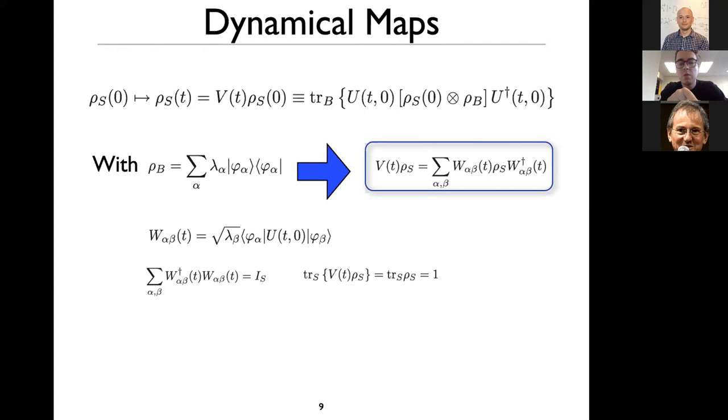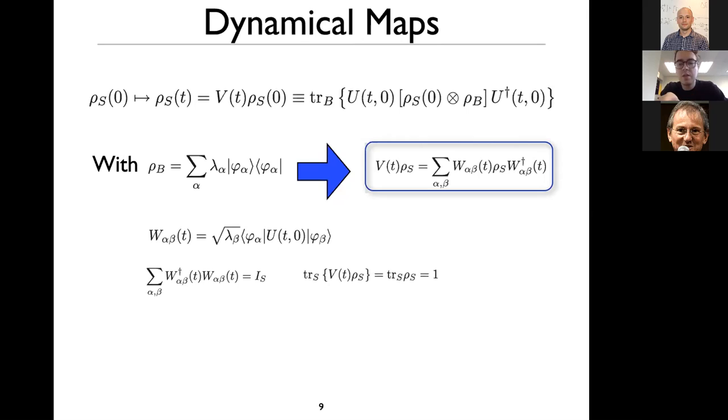If we introduce an orthonormal basis for our environment B, then rho B can be written in the following way, where lambda alpha are the eigenvalues of this density matrix.